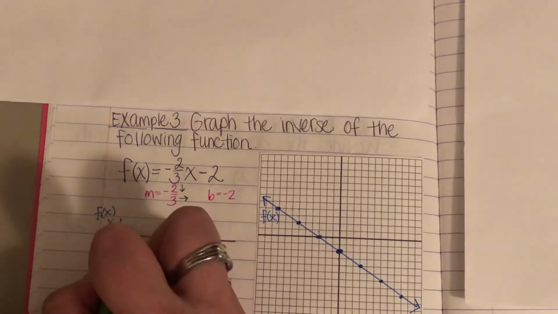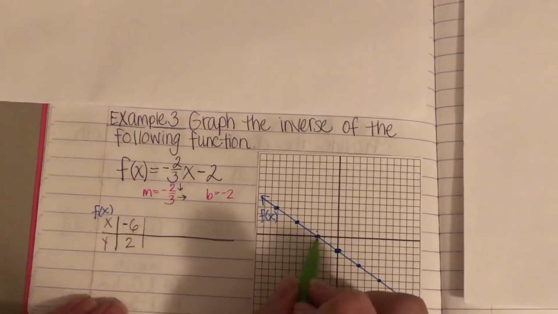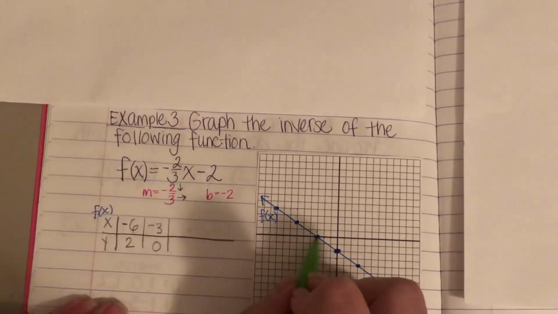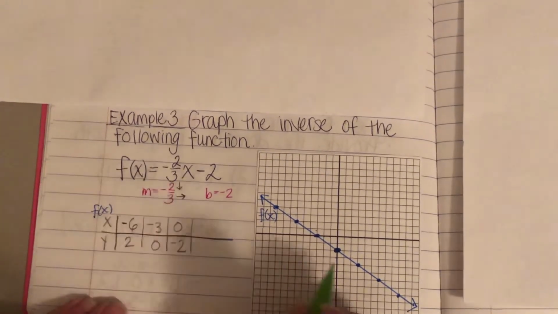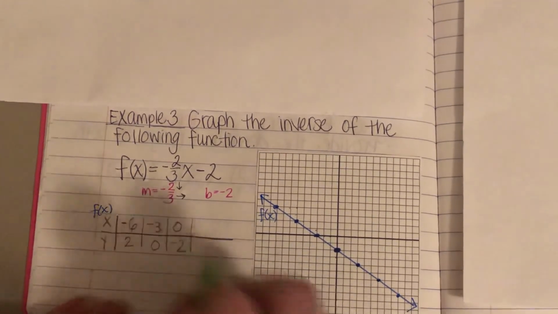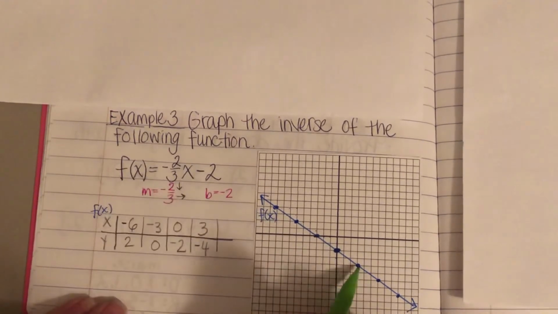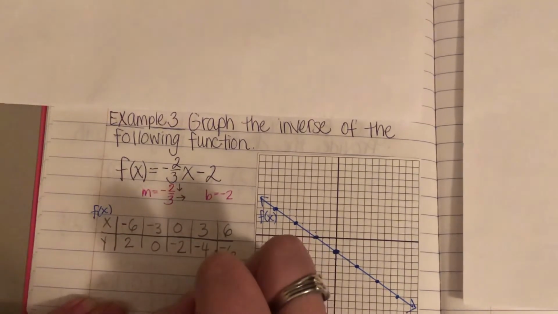I have -6, 2. And then I have -3, 0. Right there. And then I have 0, negative 2, my y-intercept. Then below it, I have 3, comma, negative 4. And let's do this one last one right here, positive 6, negative 6.